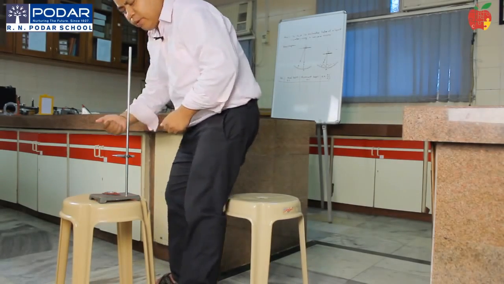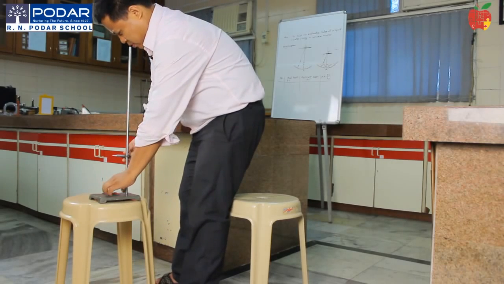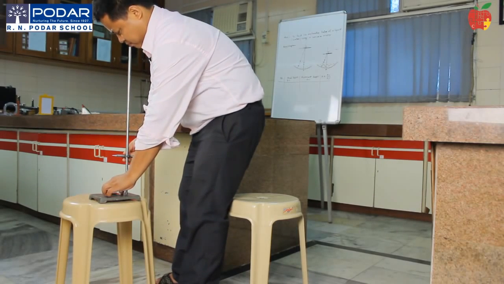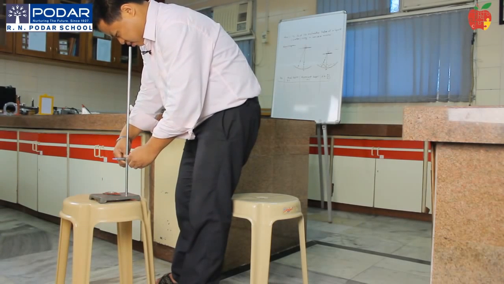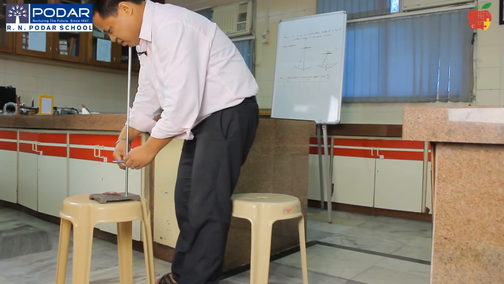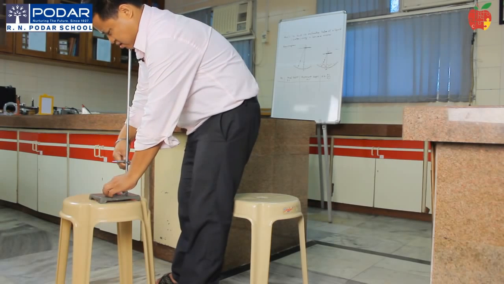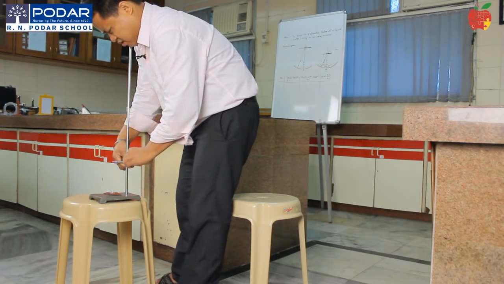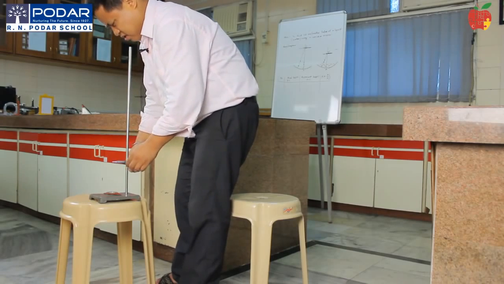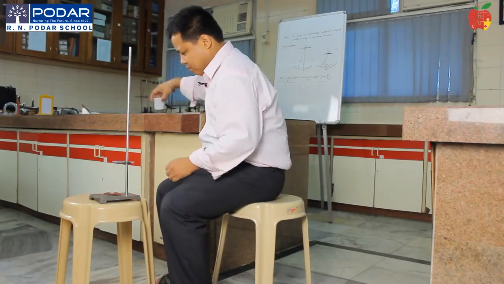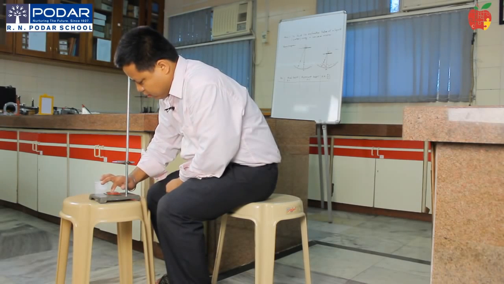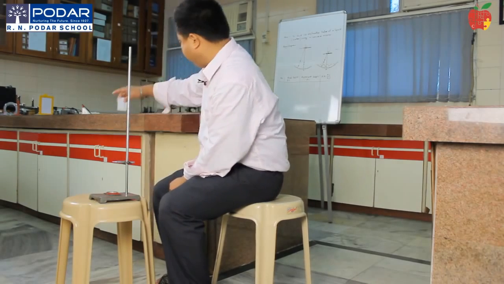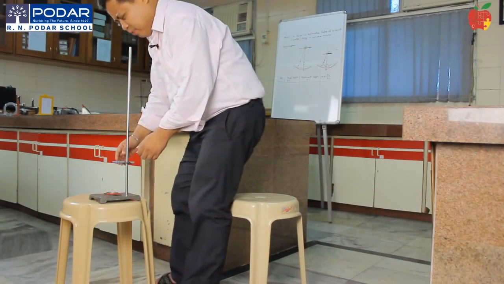So I'll find the position where the image and the object move together. I'll put a little more water. A good layer should be created over here, and there should not be any air gap remaining there.